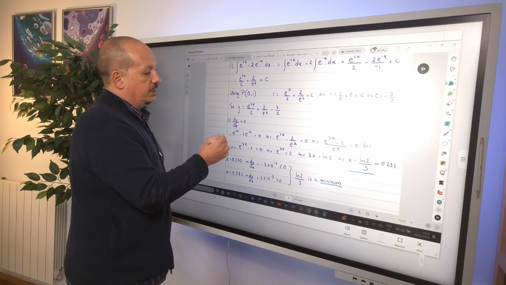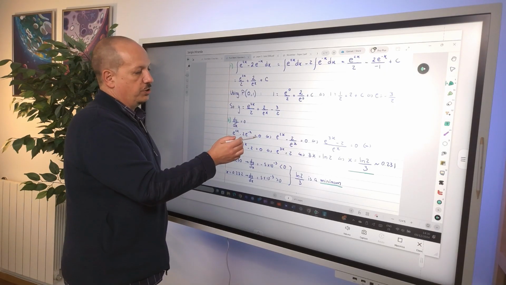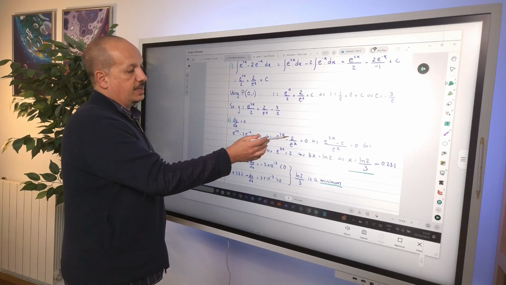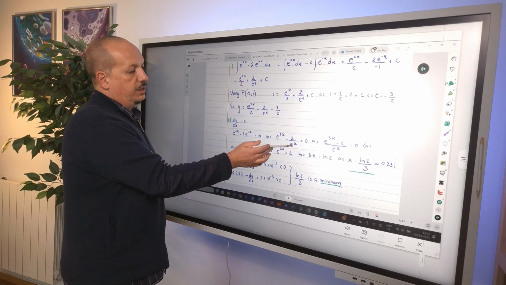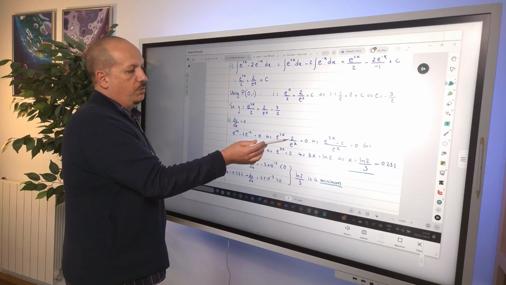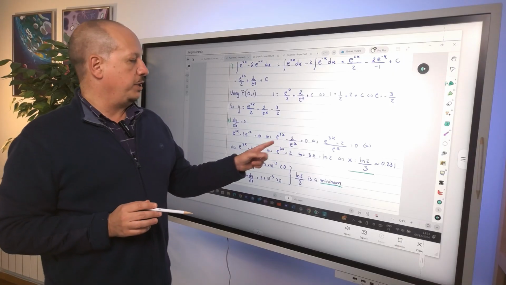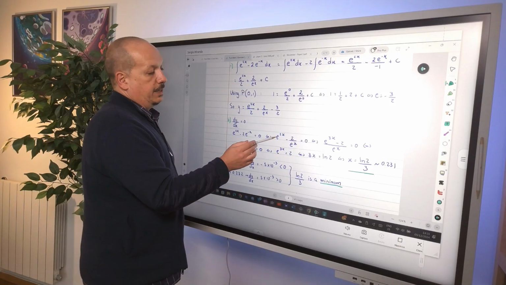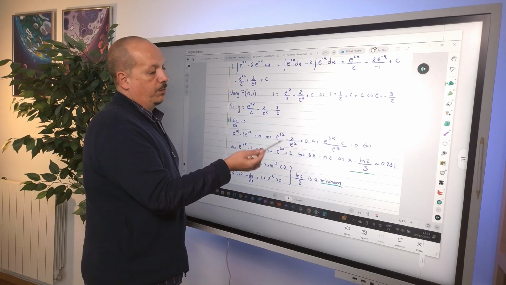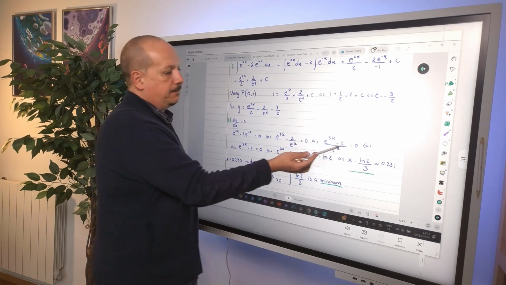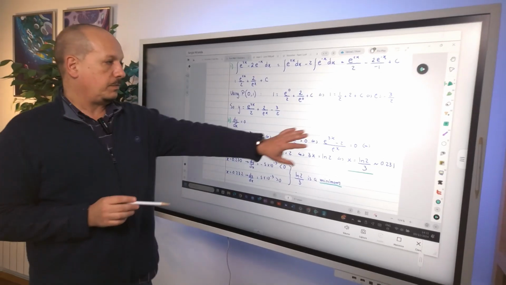So equate the original expression to 0. I put this e to the power minus x as 1 over e to the power of x multiplied by minus 2. Found the same denominator over here, so multiply e to the power of 2x by e to the power of x. That's going to be e to the power of 3x equal to 0.